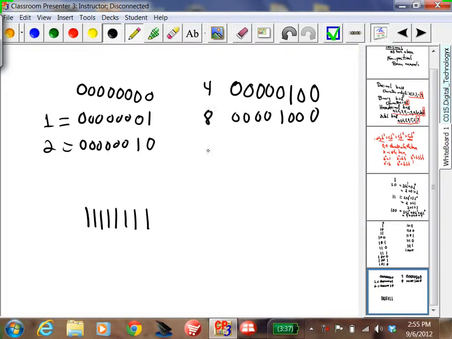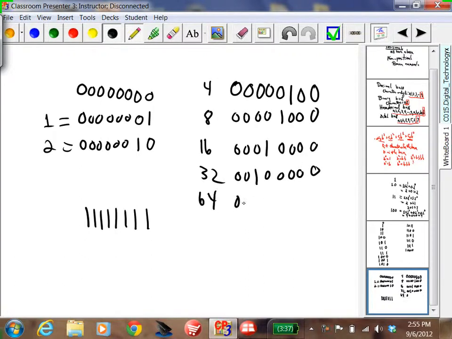How do you store 16? How do you store 32? How do you store 64? How do you store 128?